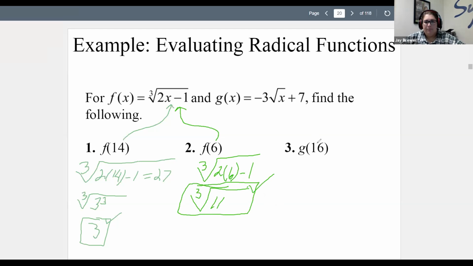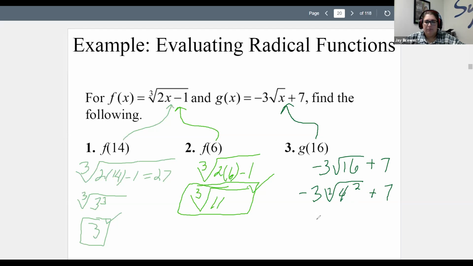All right. G function. We're going to plug it in. So negative 3 times the square root of 16 plus 7. Okay. If we really wanted to use that other approach, we could rewrite it as negative 3 square root of 4 squared plus 7. 2 and 2 match.